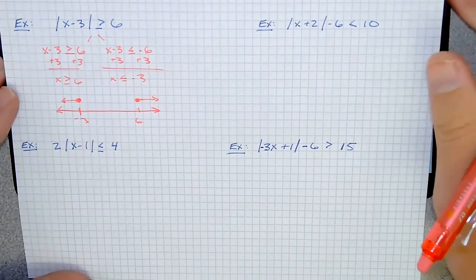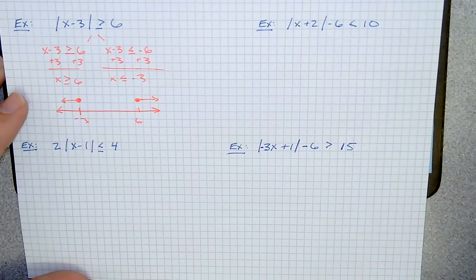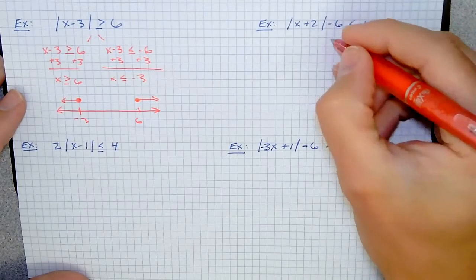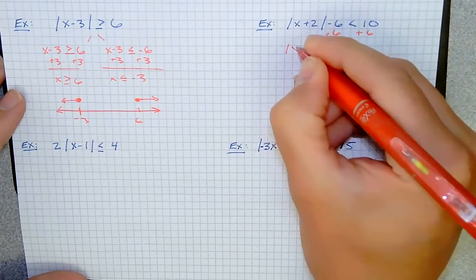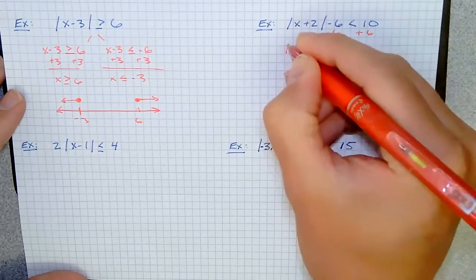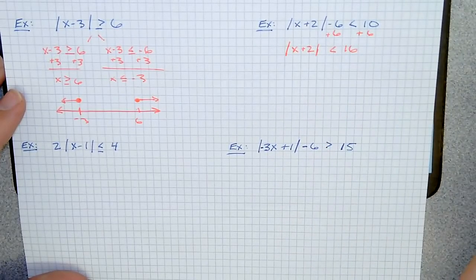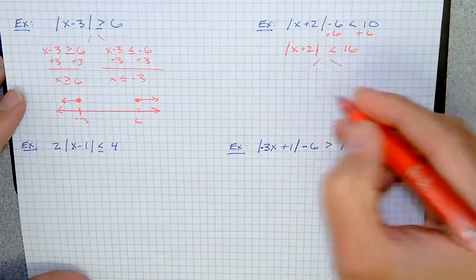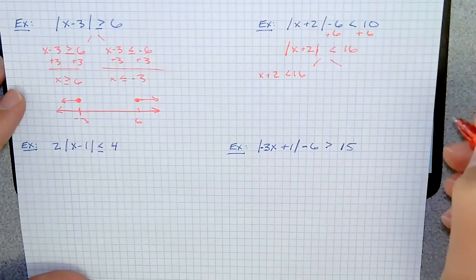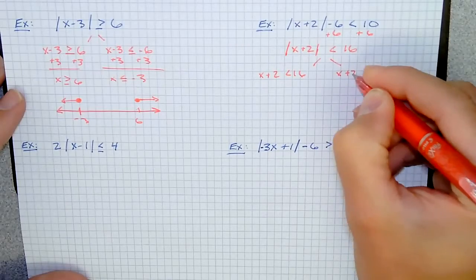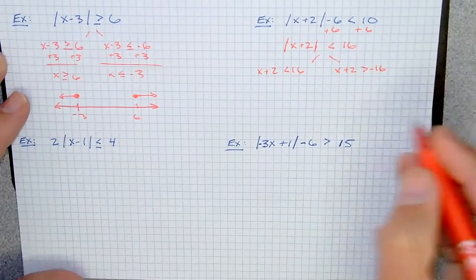Okay, second one, is the absolute value on a side by itself? It is not. I'm going to add the 6 over here first. So now we have the absolute value of x plus 2 is less than 16. Now we can write our two inequalities. x plus 2 is less than 16 and x plus 2 is greater than negative 16.